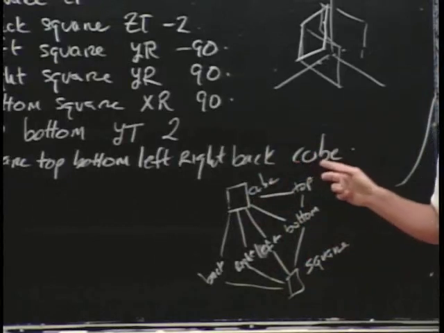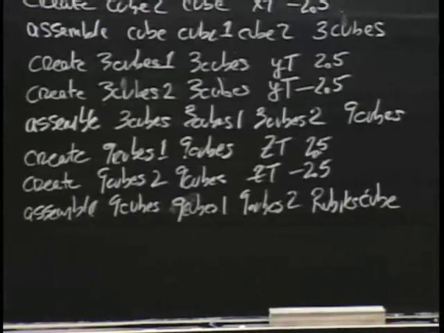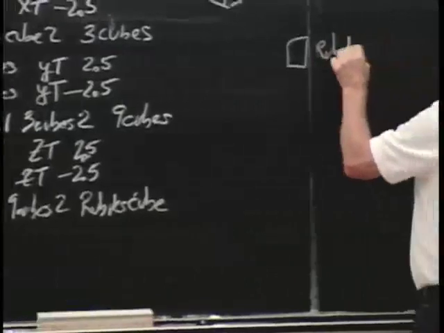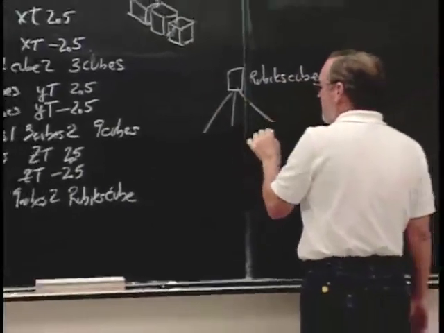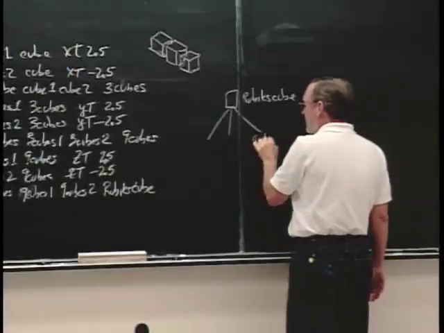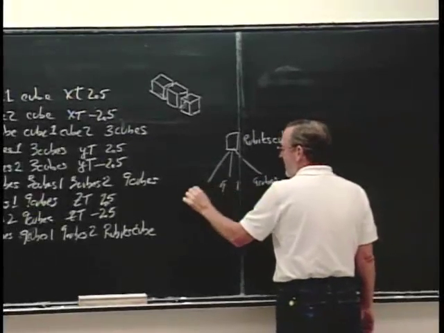Over here, what I have is a big mess. I have Rubik's Cube here, and I have three things underneath it: 9 cubes, 9 cubes 1, 9 cubes 2.